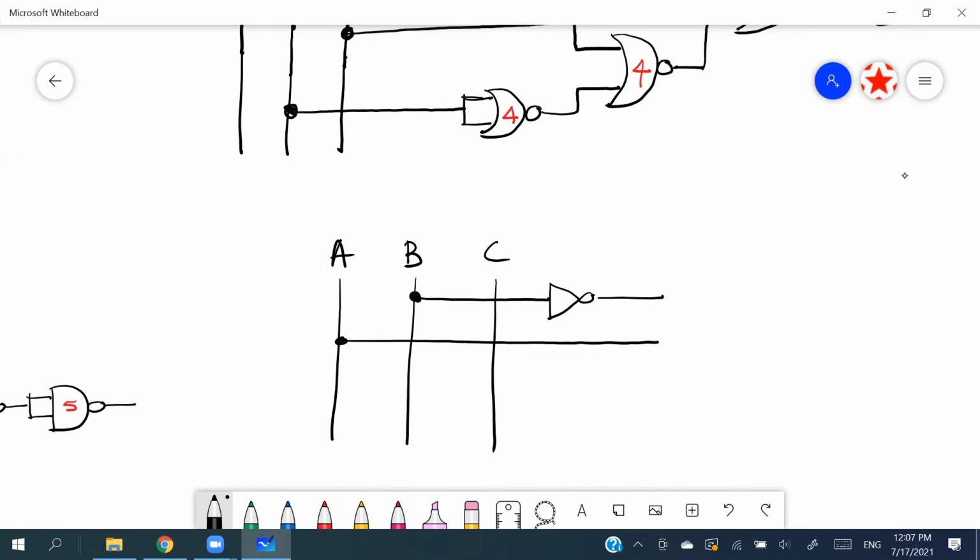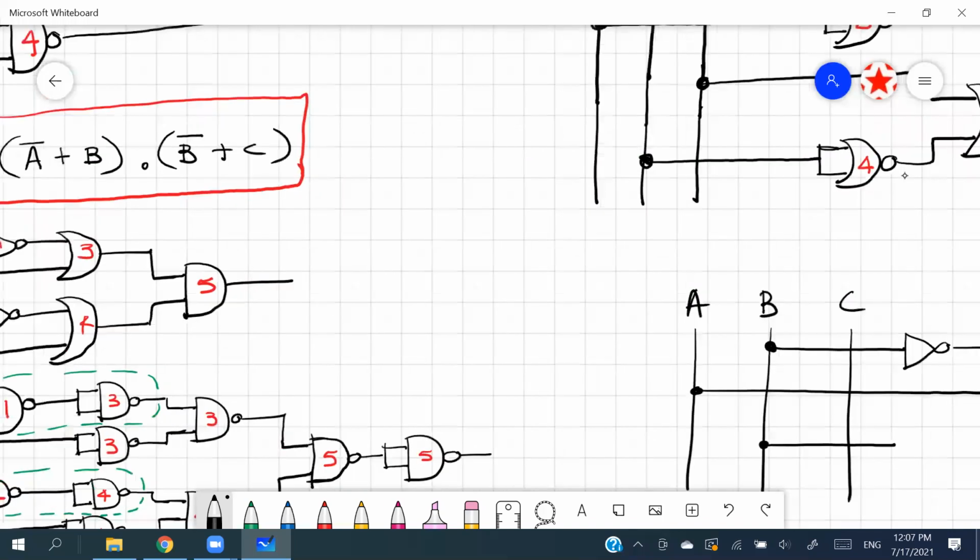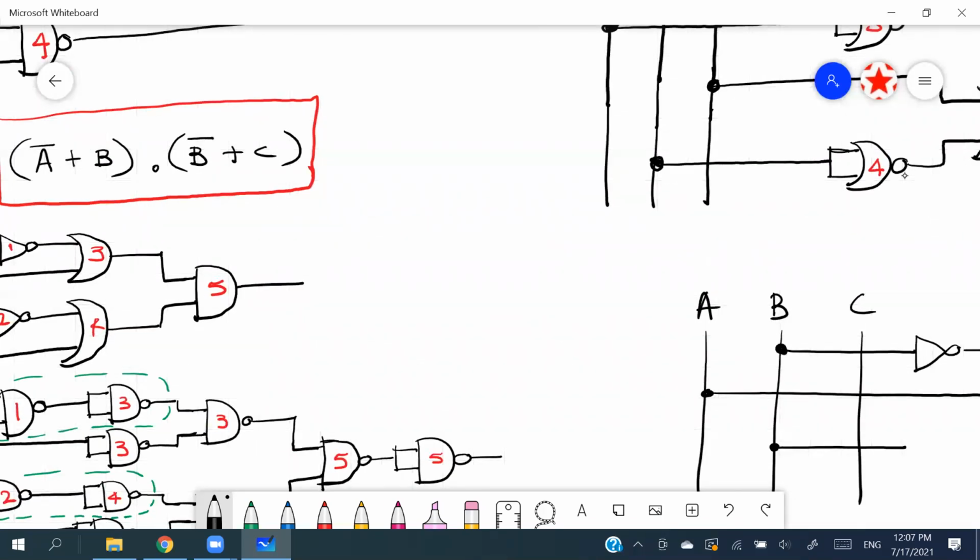So A plus B bar, and B bar plus C. Let me create B bar. Was it B bar plus C, people? A plus, oh, I'm sorry, my mistake. It is A bar plus B and B bar plus C. I'm sorry.